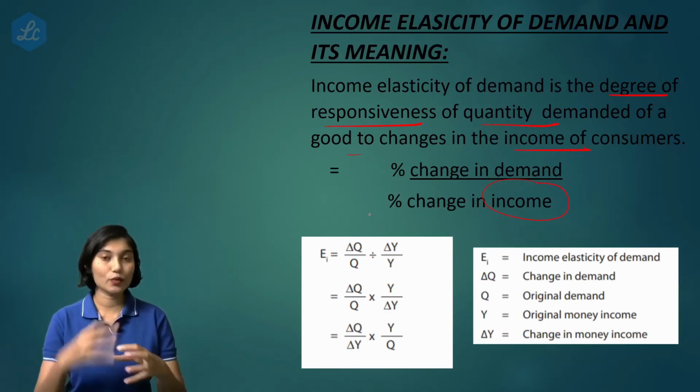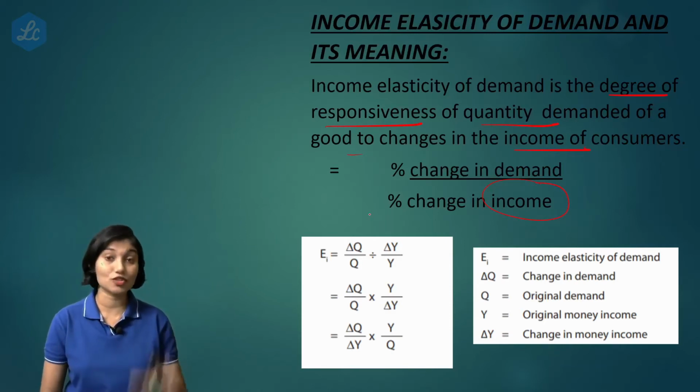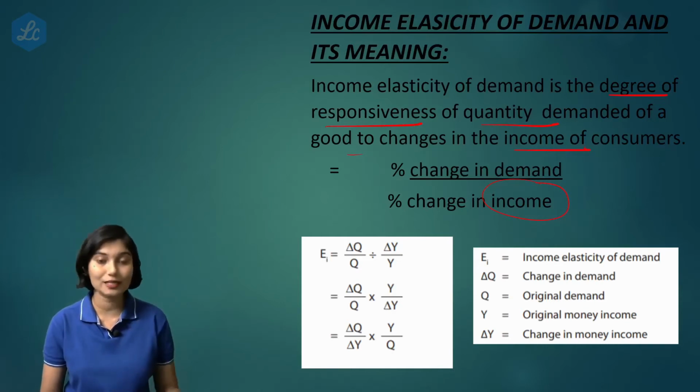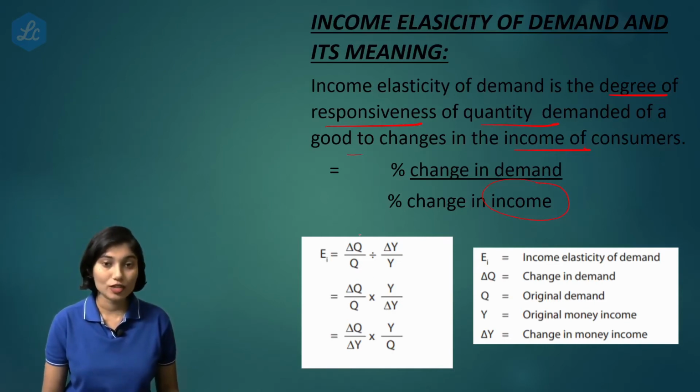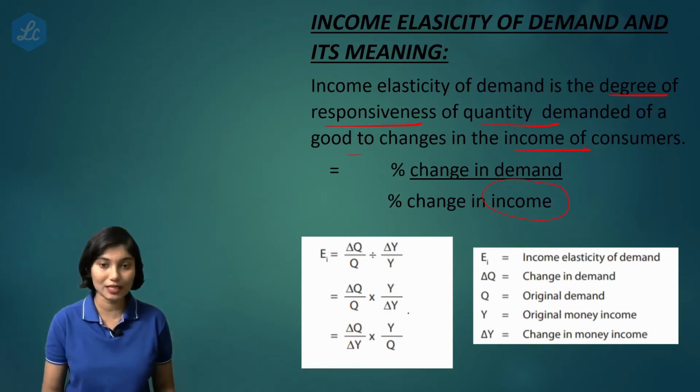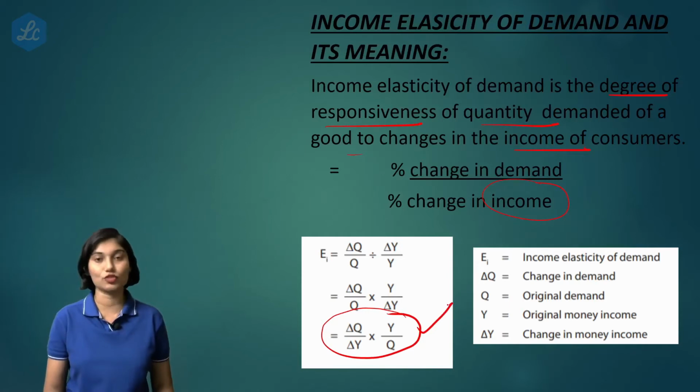Further, if you want to express this symbolically, just like how we did earlier in the case of price, all we have to do is change in quantity divided by original quantity divided by change in income divided by original income. Further simplify this to make it easy, we just go to the last one. This is something which you can memorize.